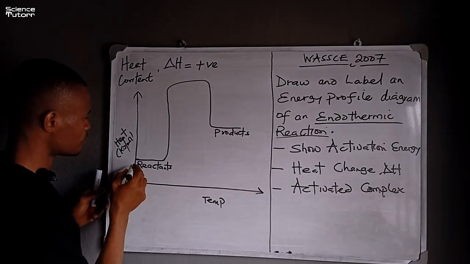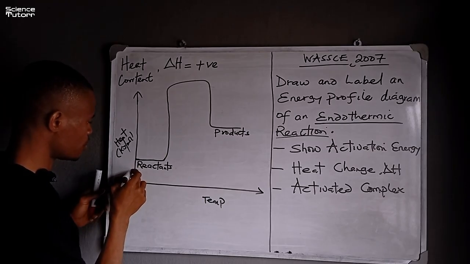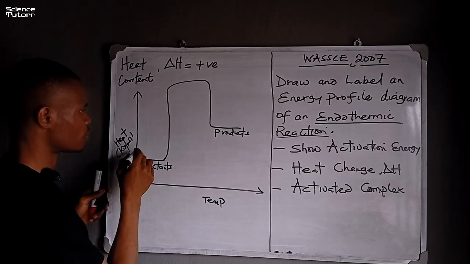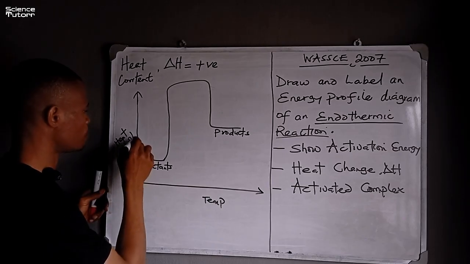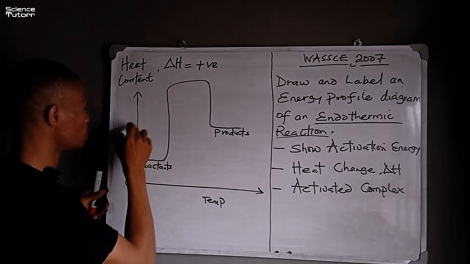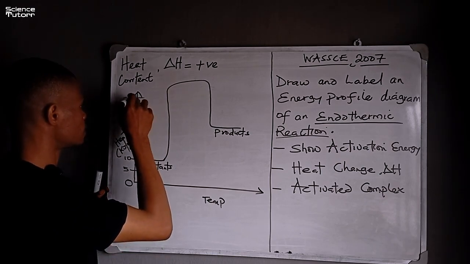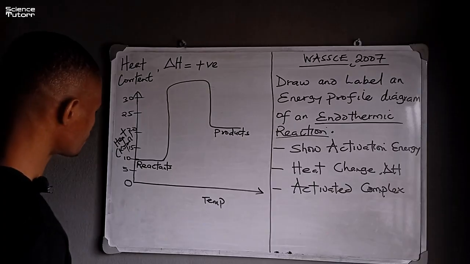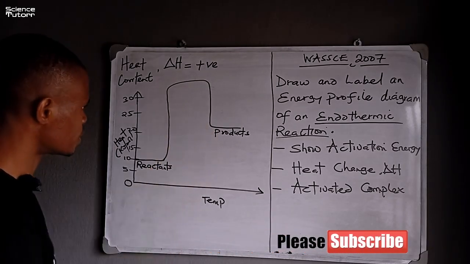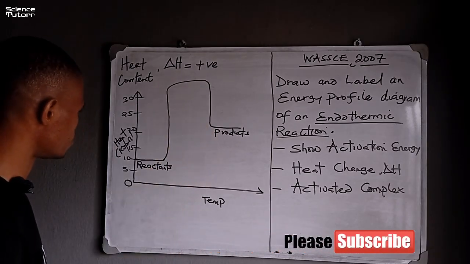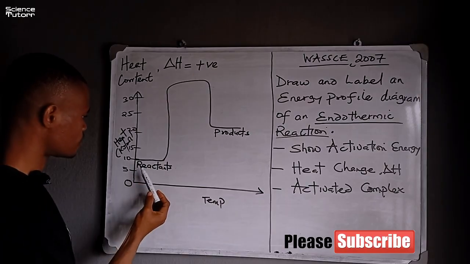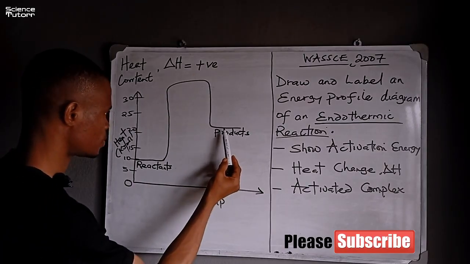And then let's take this to be a 5 interval: 5, 10, 15, 20, 25, 30, for instance. Now, considering the diagram on the board, you can see we have reactants tending to products.